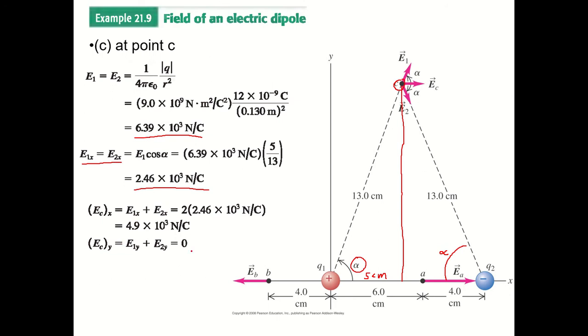Again, for the vertical component, these are just 0. So the electric field at this point C is equal to this one, and you have i here to indicate that this is the horizontal component of the electric field, only because the vertical component of it is equal to 0.